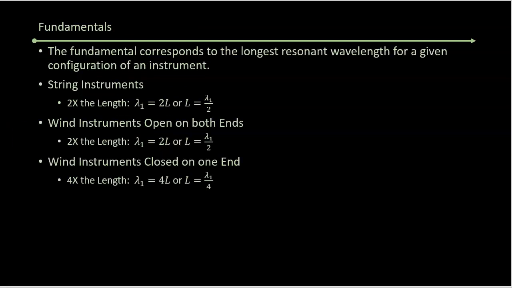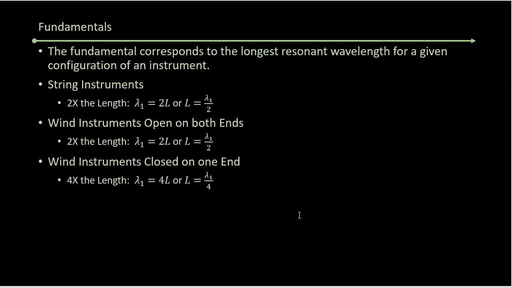So we know for a string instrument, or for a wind instrument open on both ends, the wavelength of the fundamental is twice the resonant length of the instrument, and that for instruments closed on one end, the fundamental is 4 times the resonant length of the instrument.